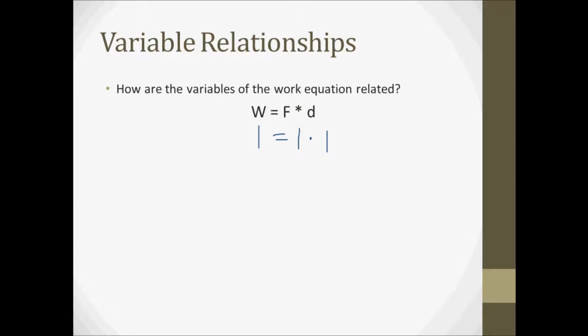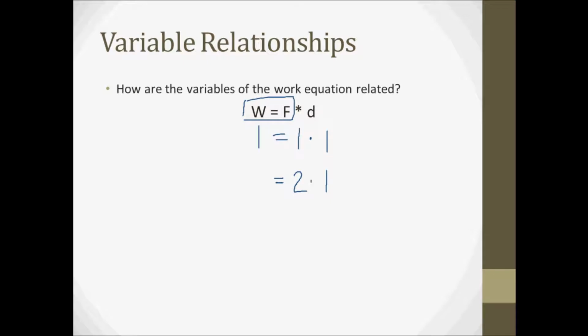So let's say we want to determine the relationship between work and force. We're going to leave distance alone. We're going to keep that as a 1. But let's increase force. So let's make that 2. If we double the force, it's increasing from 1 to 2.